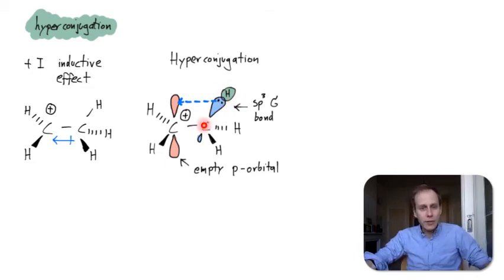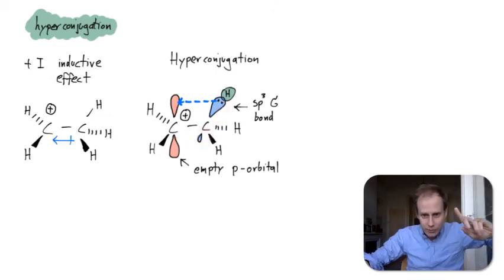And now this one sp3 orbital is oriented in this upward direction, unlike these other two which are oriented downwards, and it has the same orientation in 3D space as this empty p orbital. And because of that, you can have some overlap between the two of them. And this overlap is called hyperconjugation.